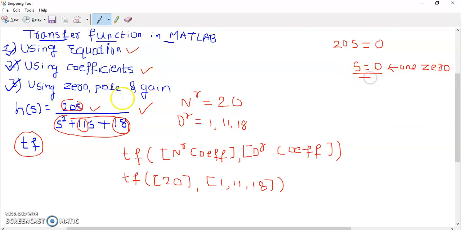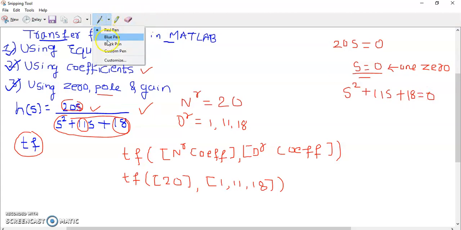Now you need to find out the poles. For that, the denominator of the transfer function will be equated to 0. So let us equate the denominator of the transfer function to 0: s square plus 11s plus 18 is equal to 0. Here you need to find out the roots of this equation.